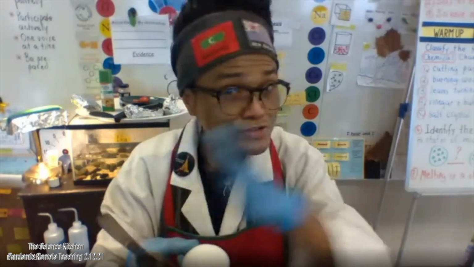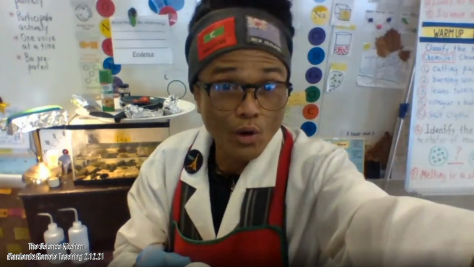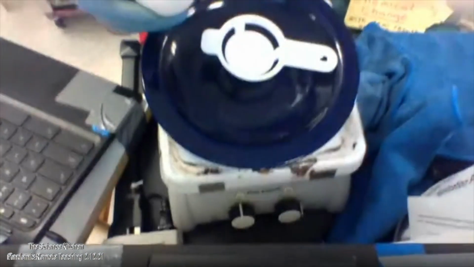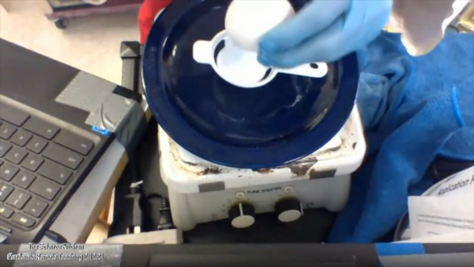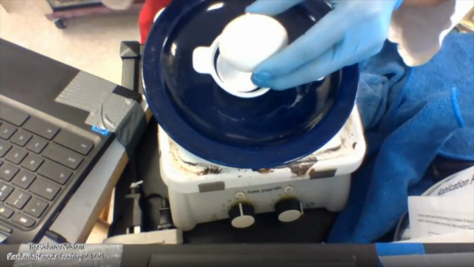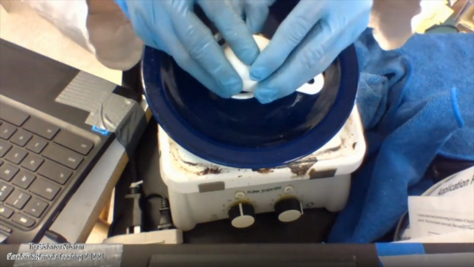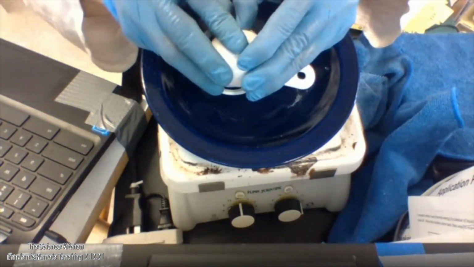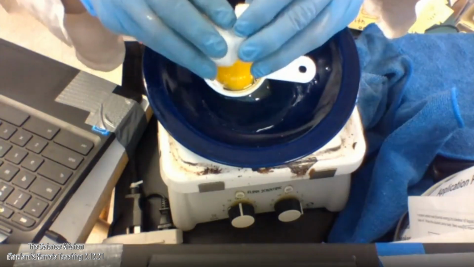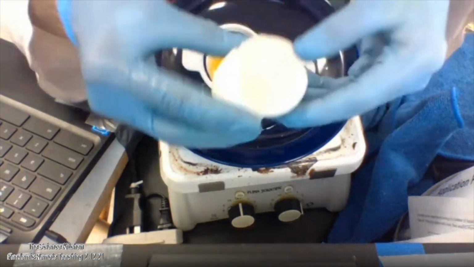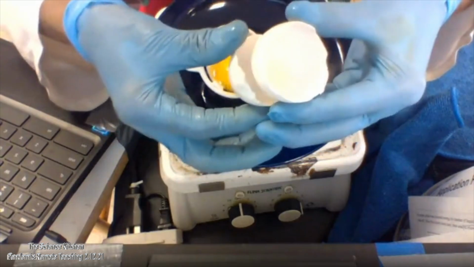So I want to separate the yolk from the white or the albumin. Okay, cracking the shell. There you go. That's physical. I will save the shell for the next experiment.